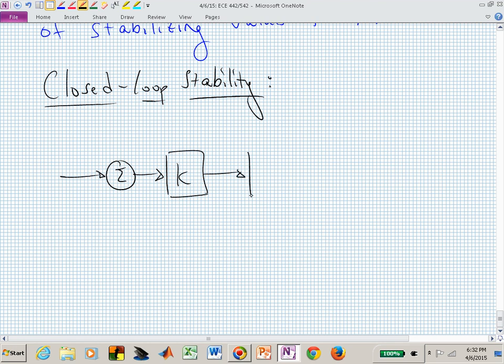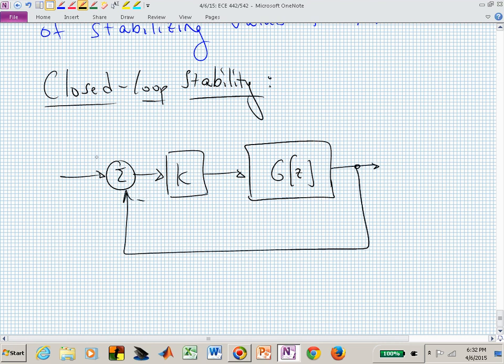There's your proportional gain. You now have your plant, which had, what's the order of your plant now? It was second order. Was it open loop stable?